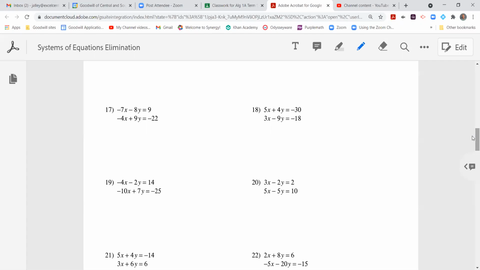I take the number 4: 4, 8, 12, 16, 20, 24, 28. They have no other numbers in common less than that. So this is where I'm looking for the lowest common multiple.